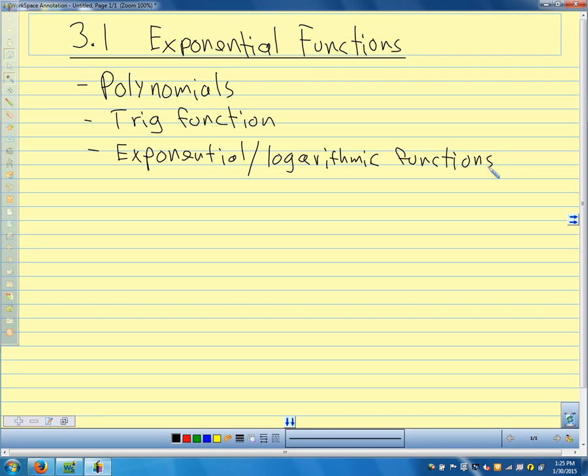So it's kind of nice because we will have hit every kind of function that we'll need. The trig functions and the exponential functions we call transcendental functions.